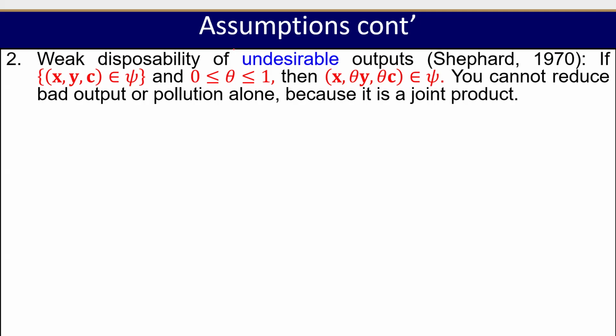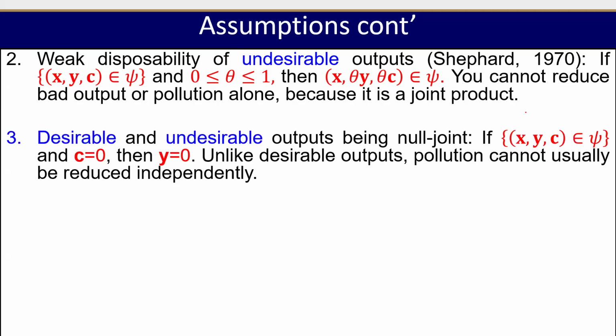They are twins. The only way to eliminate all of the bad outputs is to end the production of the good outputs. Therefore, it is weakly disposable. I think it's clear now.